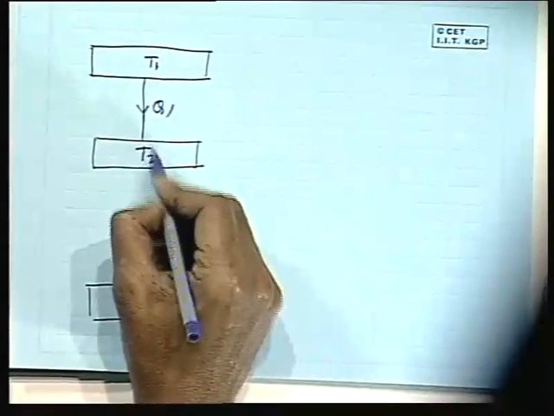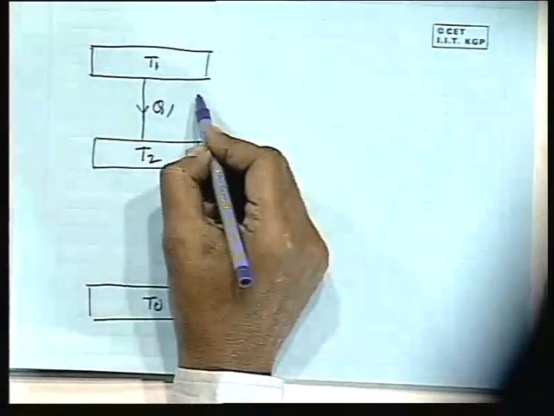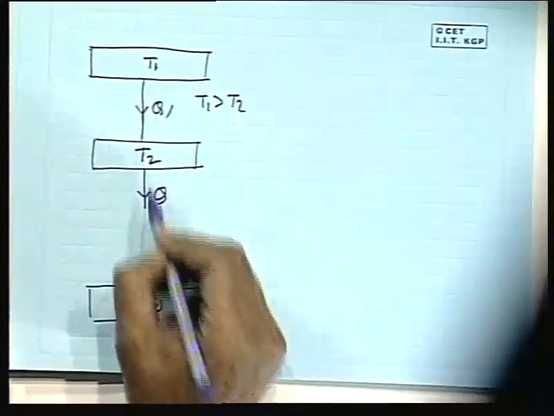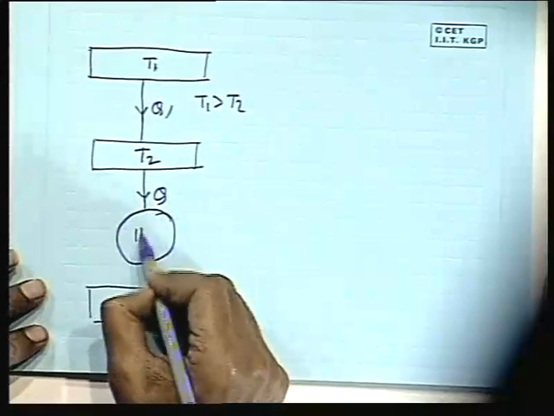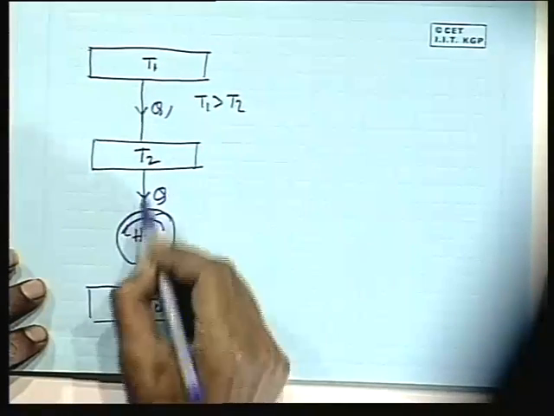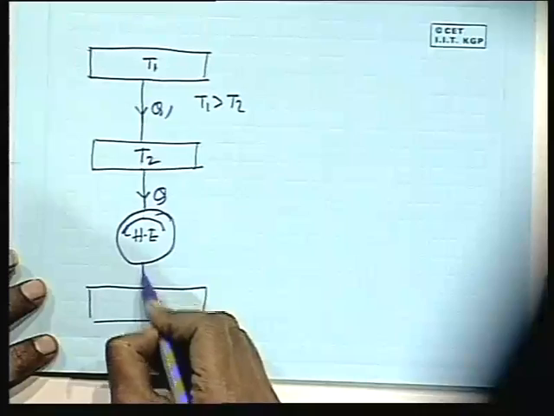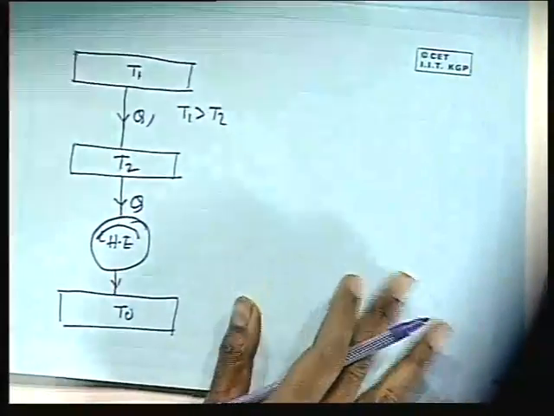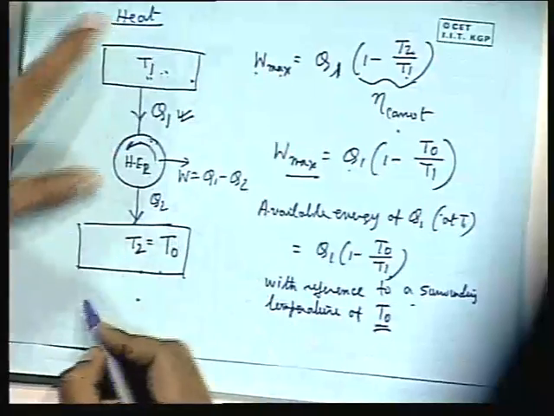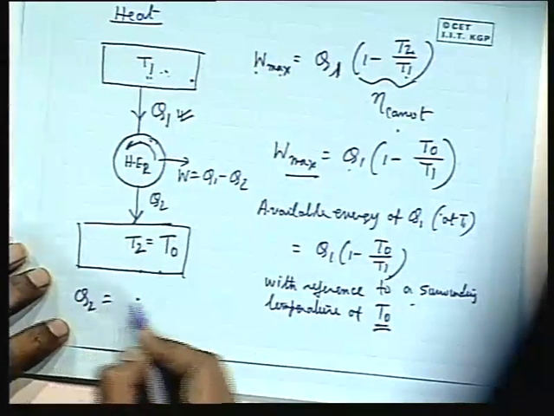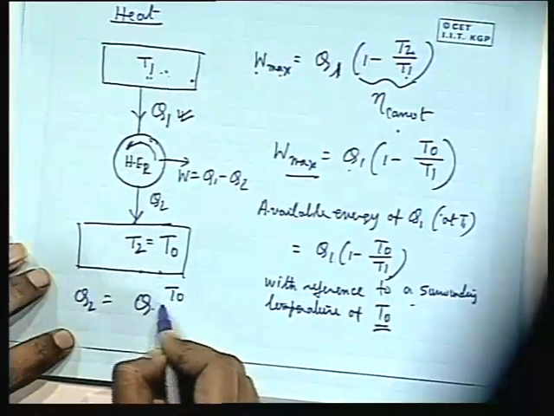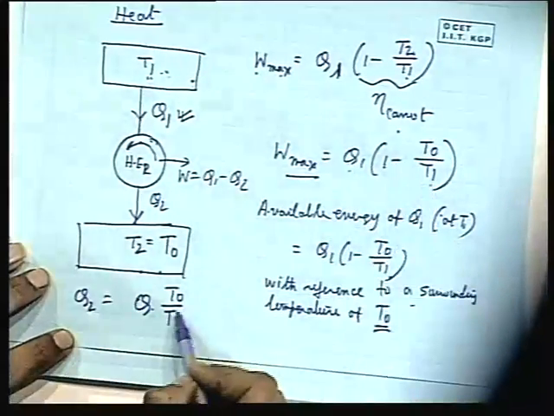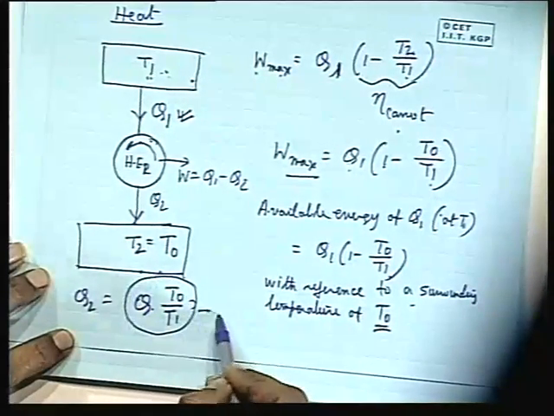I just transfer it by a natural process, meaning T1 greater than T2. And the same heat is now given to the reversible heat engine at T2, and it rejects the heat. Sorry, this is the heat rejection Q2. So what is Q2? Q2 is Q1 into T0 by T1, the heat rejection. This is the unavailable energy.